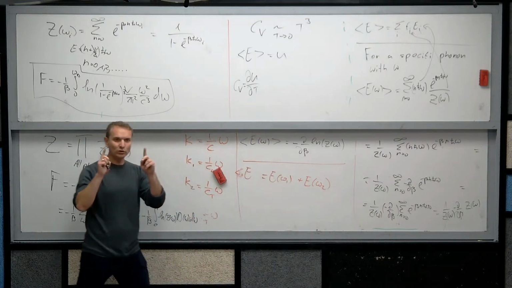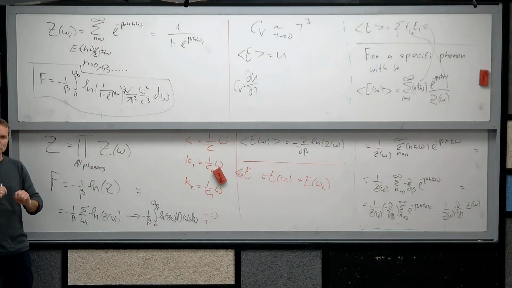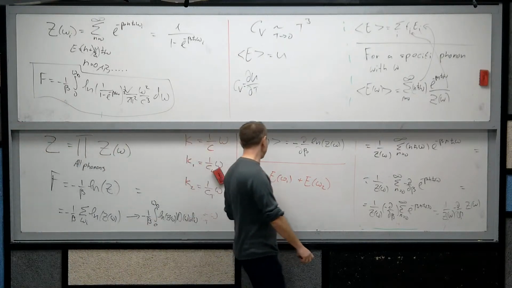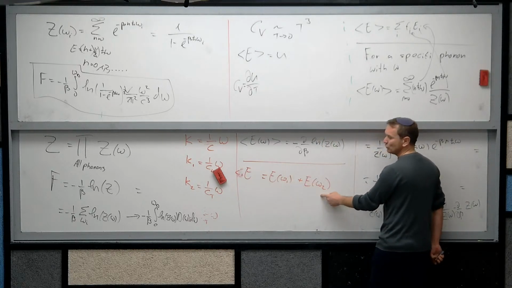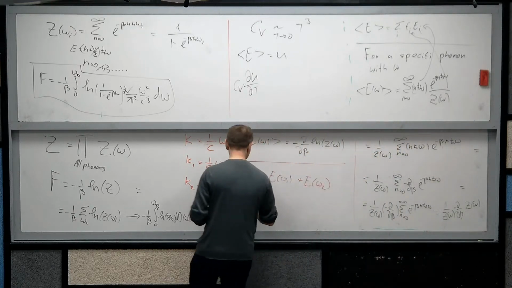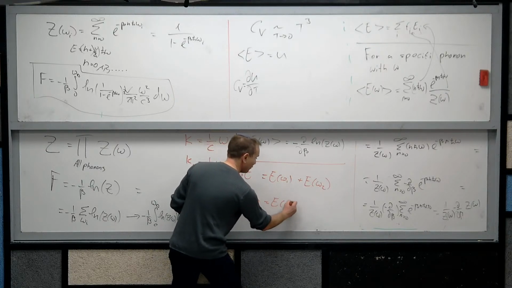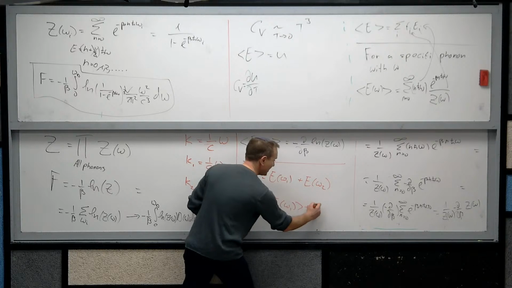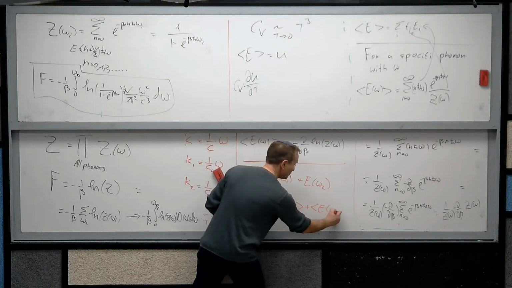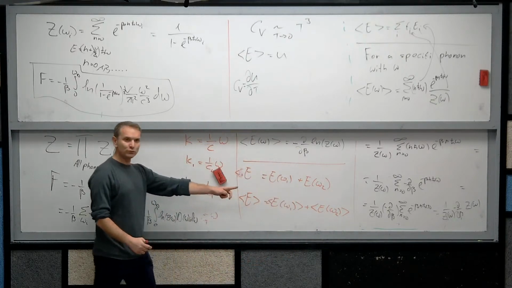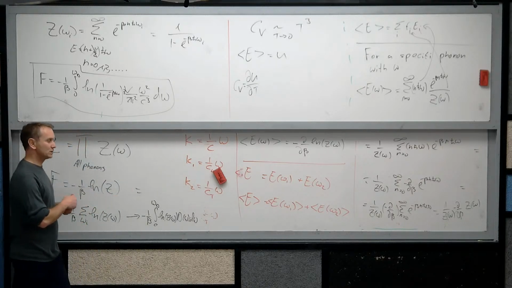So if I had only 2 phonons inside my system and the spectrum is discrete, the total energy is the energy with omega 1 plus the energy of omega 2, and the average energy is the average of the phonon with omega 1 plus the average of the phonon with omega 2. This goes for 2 phonons.